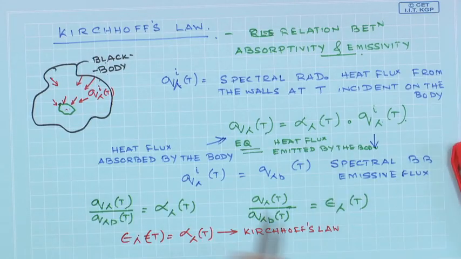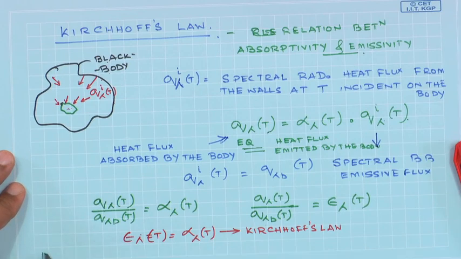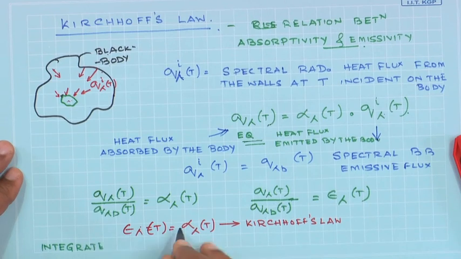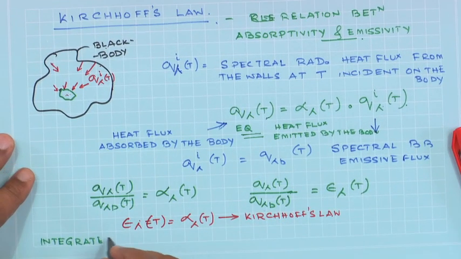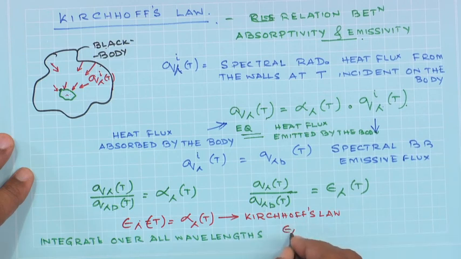It may so happen also that if we integrate this relation over all the wavelengths, then epsilon at a given temperature is going to be alpha at a given temperature.